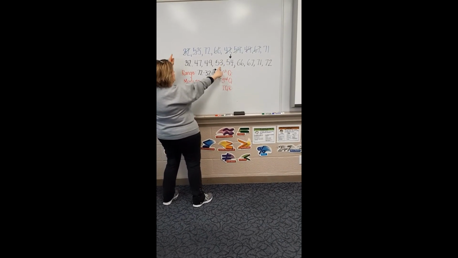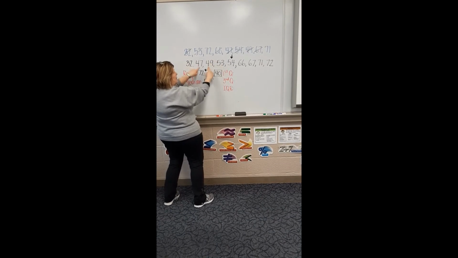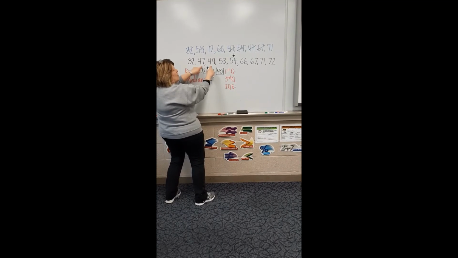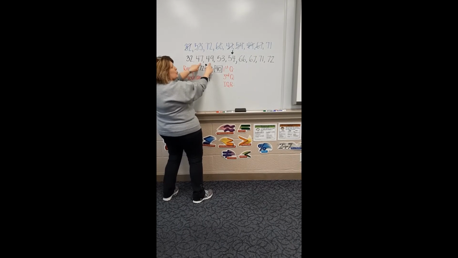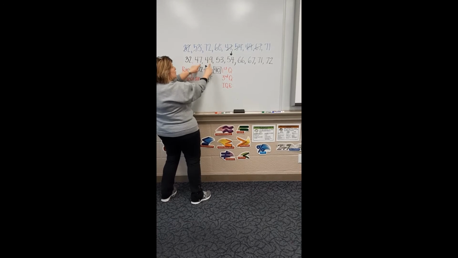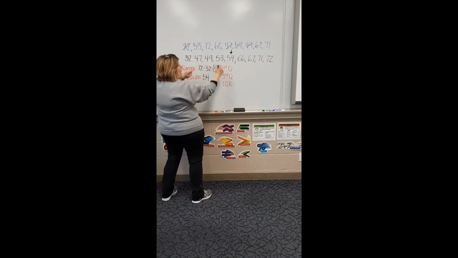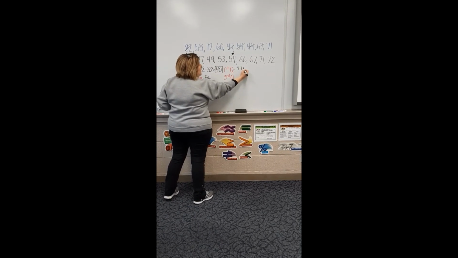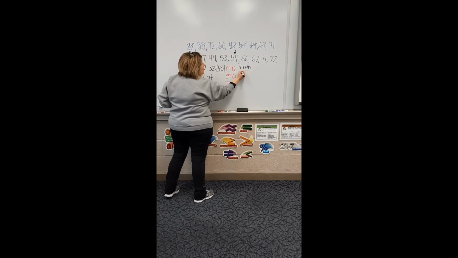I've used this number already, so I'm going to pretend this is my first half. I'm going to put a finger here and a finger here, low and high, and I'm going to jump. My middle number, or the end of my first quarter, is two numbers. Well, what do we do when we have two numbers? We find the mean of these two numbers. So I'm going to write down 47 plus 49, and divide by 2.